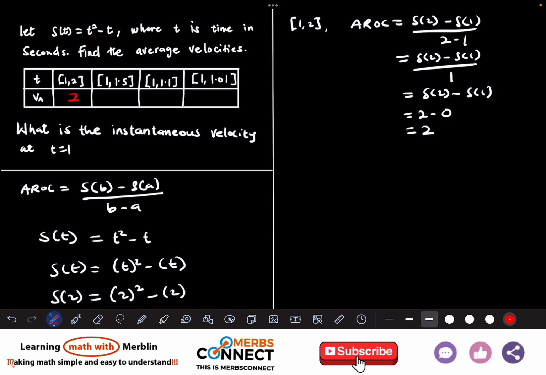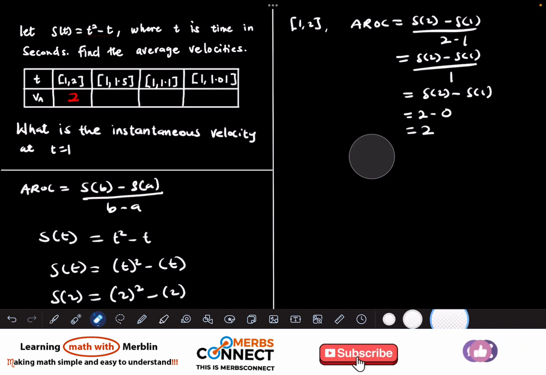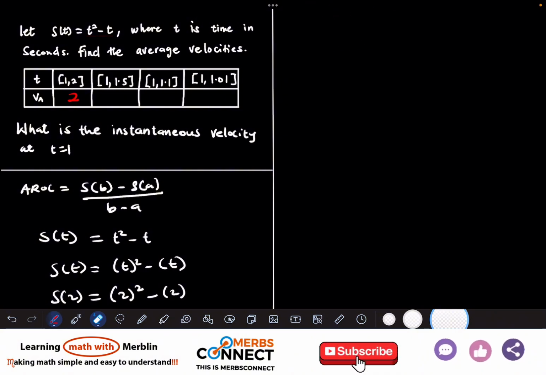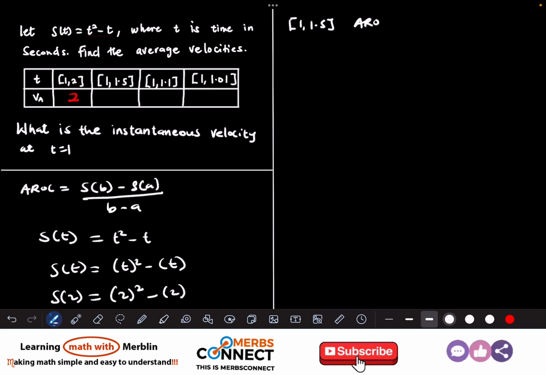Now let's look at the second box. The second box we need from 1 to 1.5. So the average rate of change here, b is 1.5 and a is 1, divided by 1.5 minus 1.